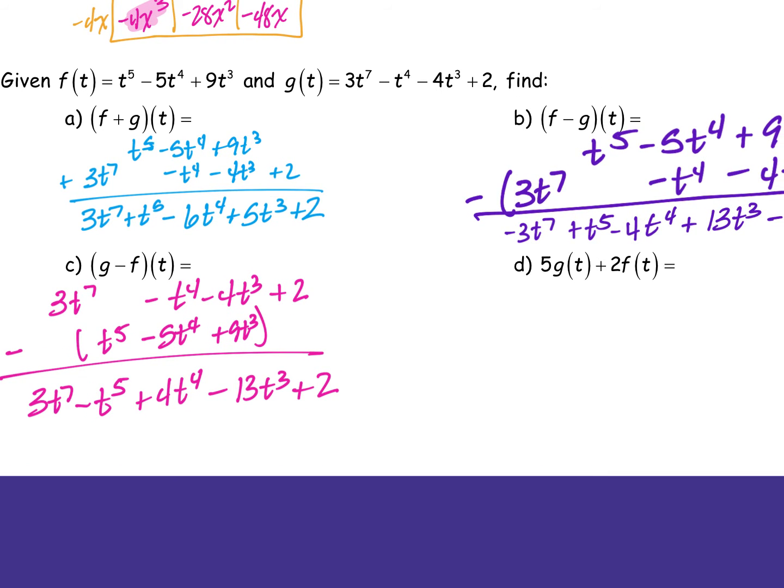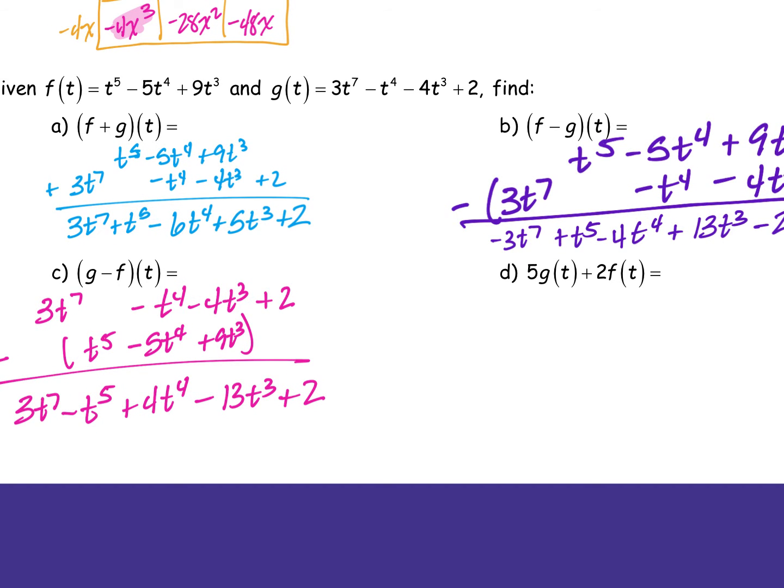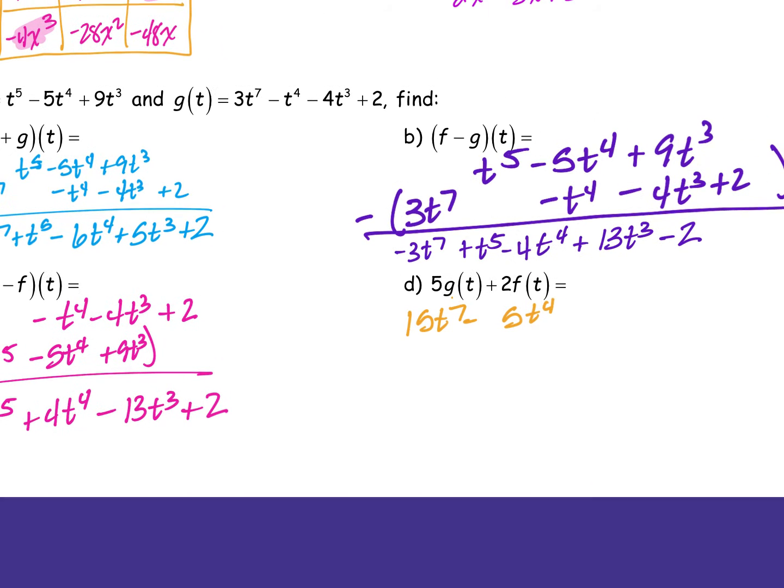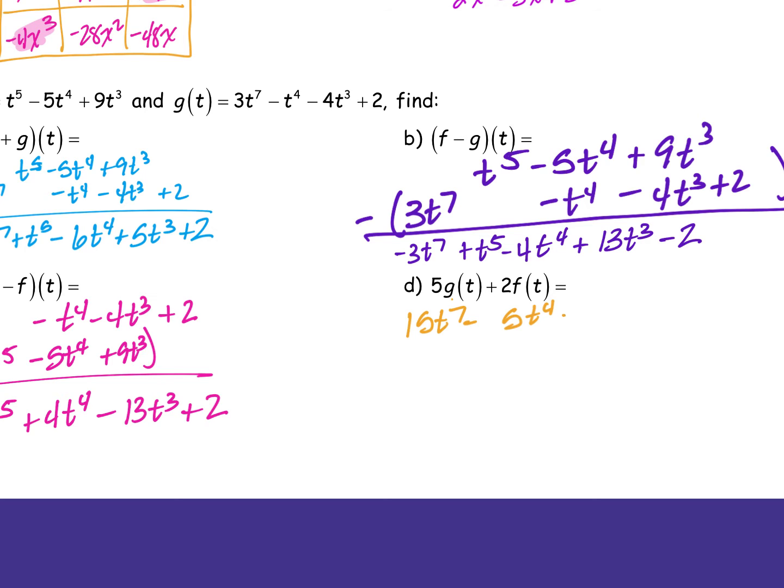And then the last one I have to multiply first. I'm going to multiply g by 5 and f by 2, and then I'm going to add them together. Okay, great. So what do I have? 15t to the 7th minus 5t to the 4th minus 20t cubed plus 10.